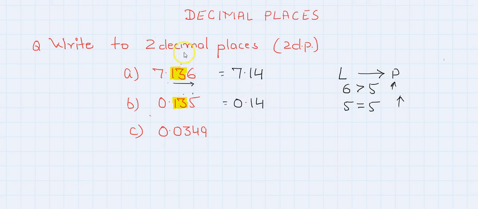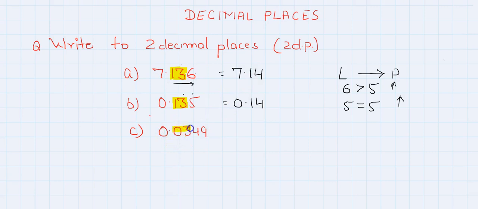Now the next one is: write to 2 decimal places or round up to 2 decimal places. As in the significant figures, we were starting with a non-zero number, but here we have to start after the decimal number.